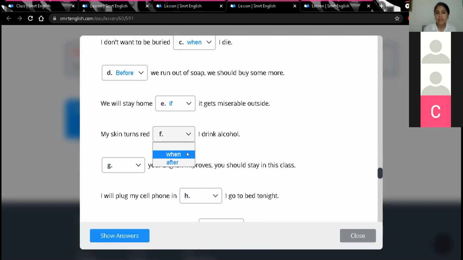Because maybe this happens at the moment I drink it, and that will be when, but maybe it happens after I drink it, maybe when I drink a lot or whatever. So it could be when or after. So Gabriela says when, it's good. And if you chose after, it's also good. Okay, Alberto.